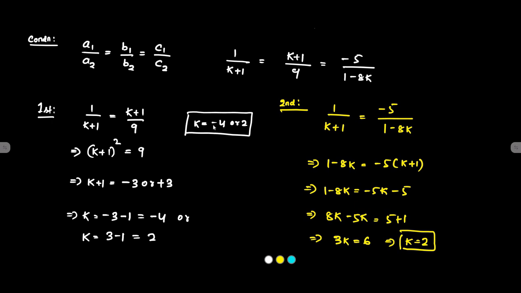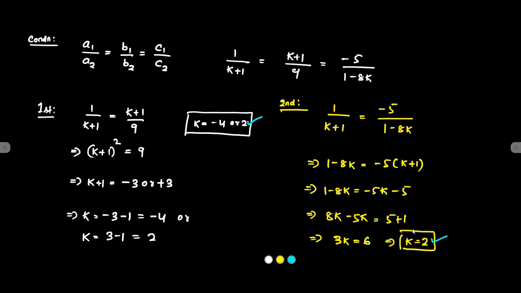Here we are getting k is equal to minus 4 or 2. So 2 satisfies both the comparisons. From these two comparisons, there is no need for the third comparison.